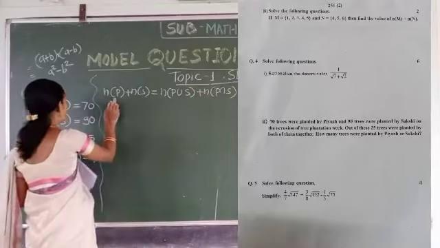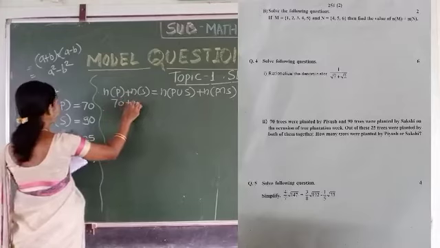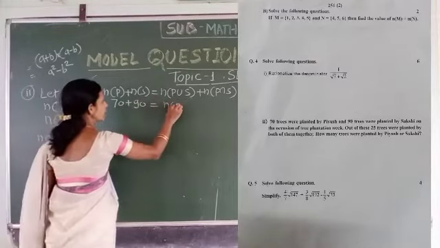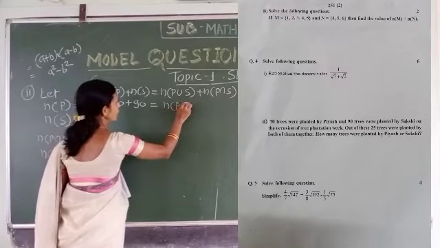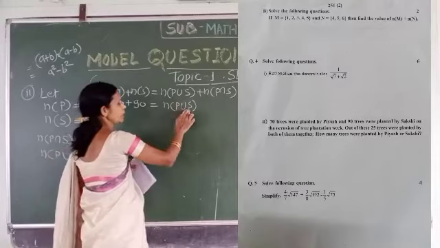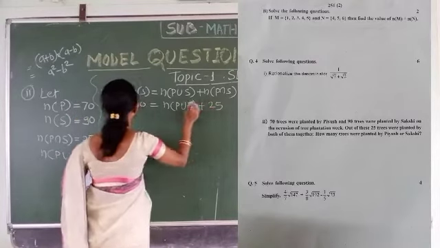Putting in the values, n(P) is 70 plus n(S) is 90 equals n(P union S) plus 25.